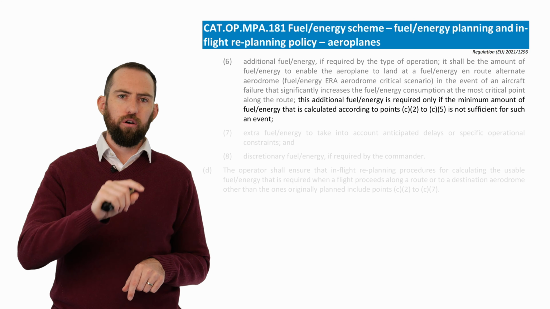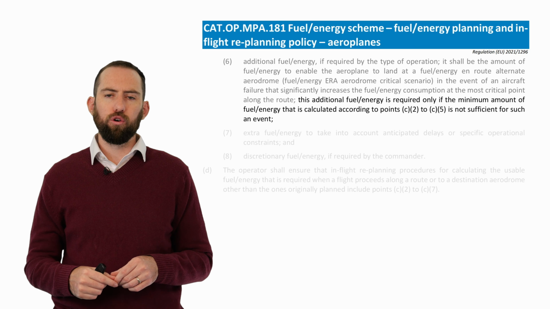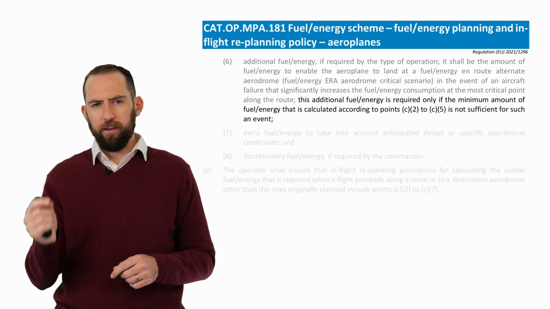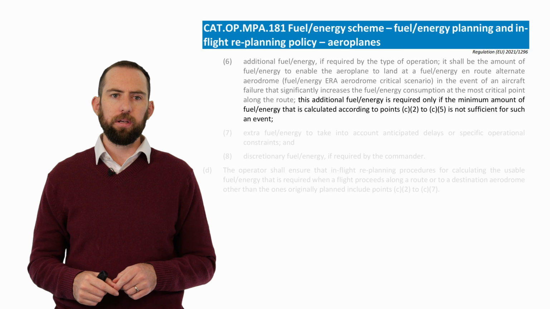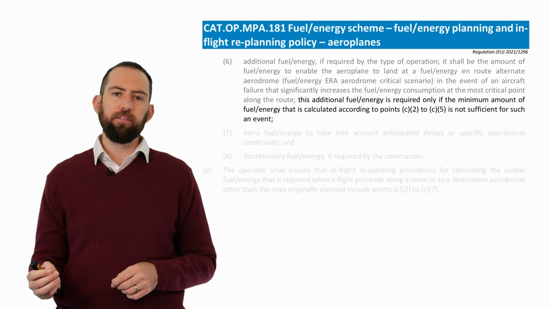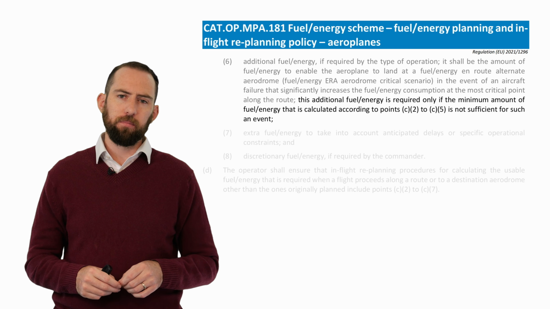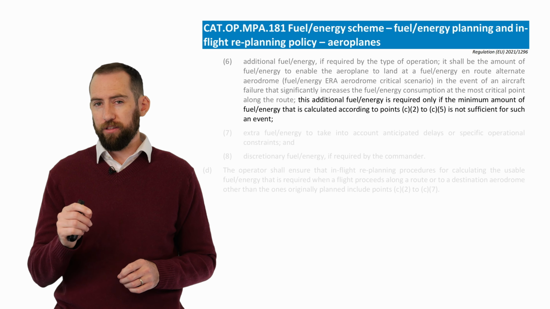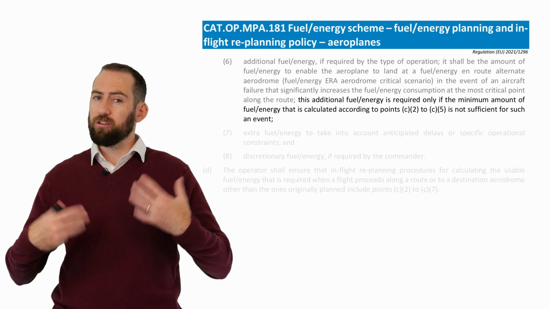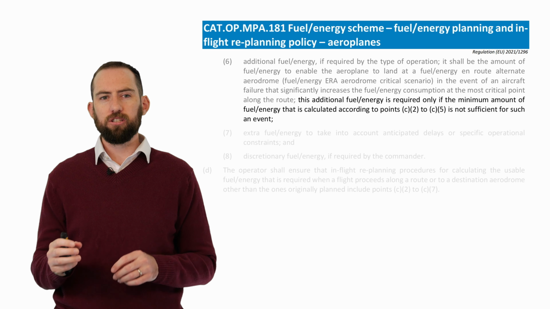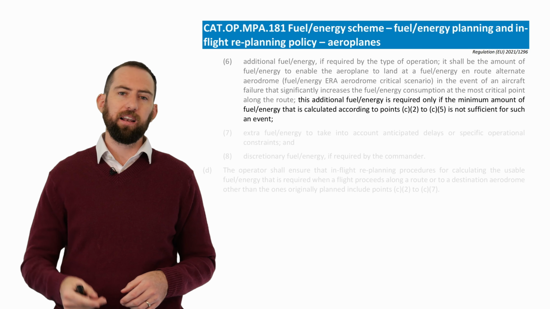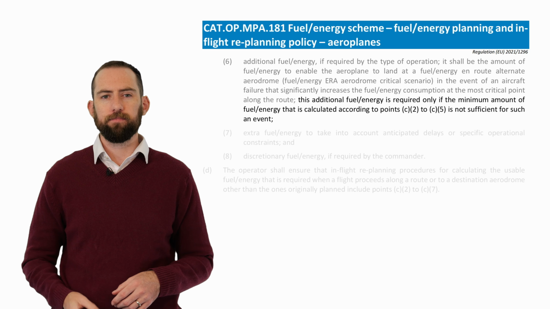Instead, look over all of the fuel in the rest of your fuel plan and ask yourself, if I experienced an engine failure or depressurization at the critical point, would I have enough fuel to safely divert, hold for 15 minutes and land? If the answer is yes, then you don't need any additional fuel. If the answer is no, then you need to add a top-up to your overall fuel allocation to cover this scenario.